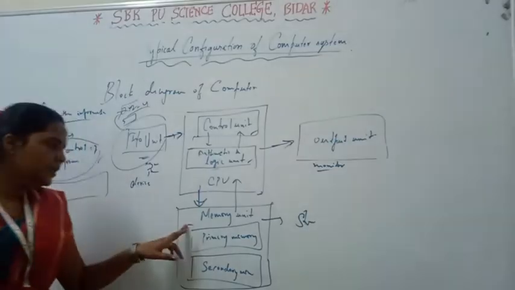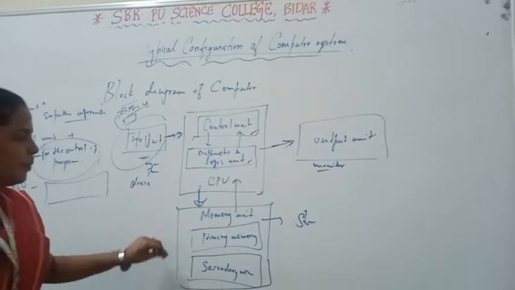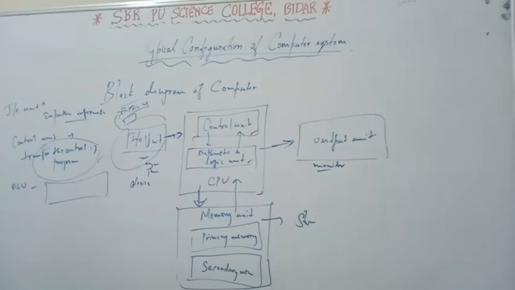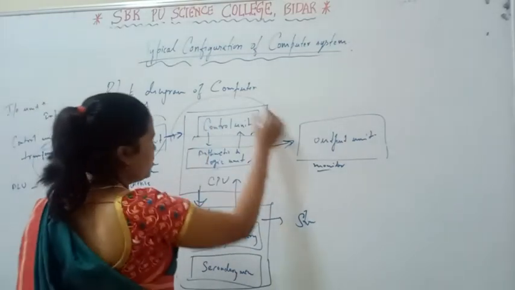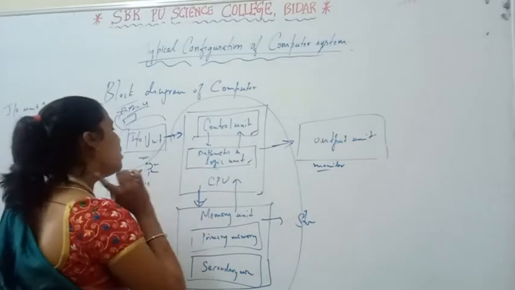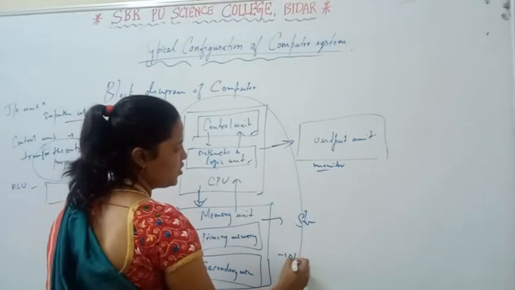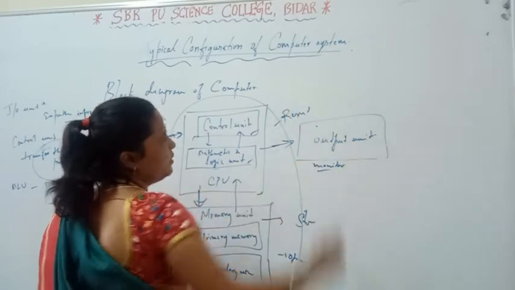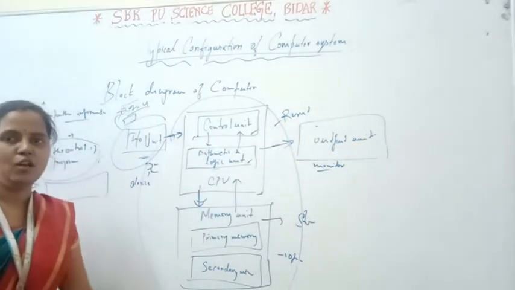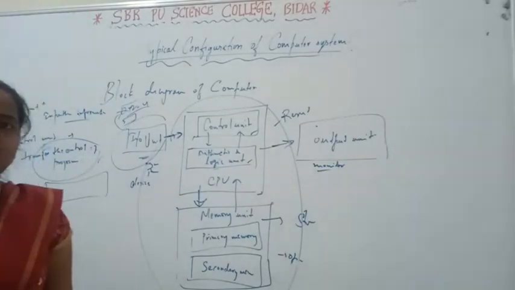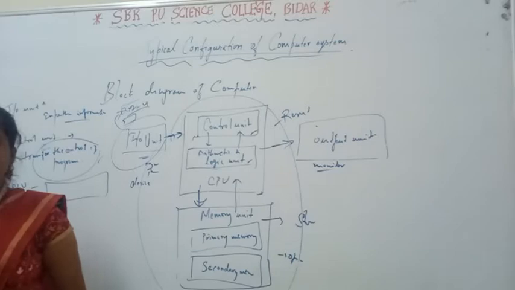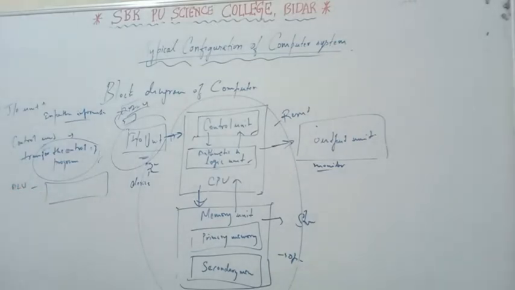It is again classified into two parts: primary memory and secondary memory. After the whole operation, the result will be displayed in the output unit. Examples of output devices, as I said, are monitor and printer. All those are examples of output devices.